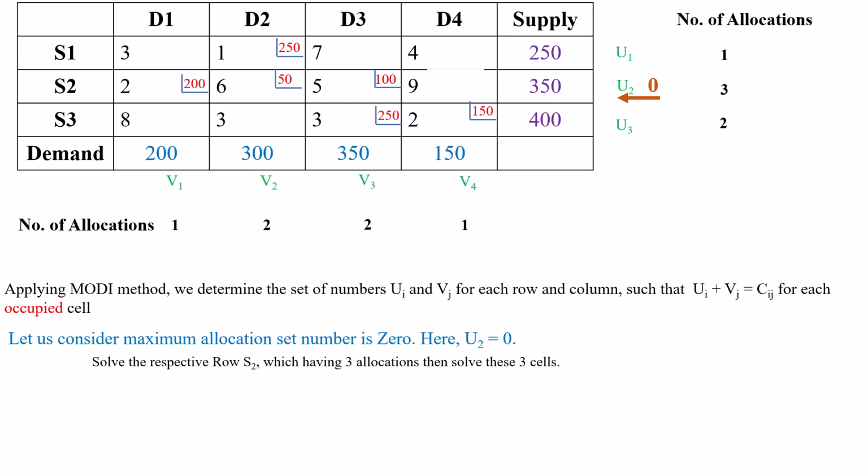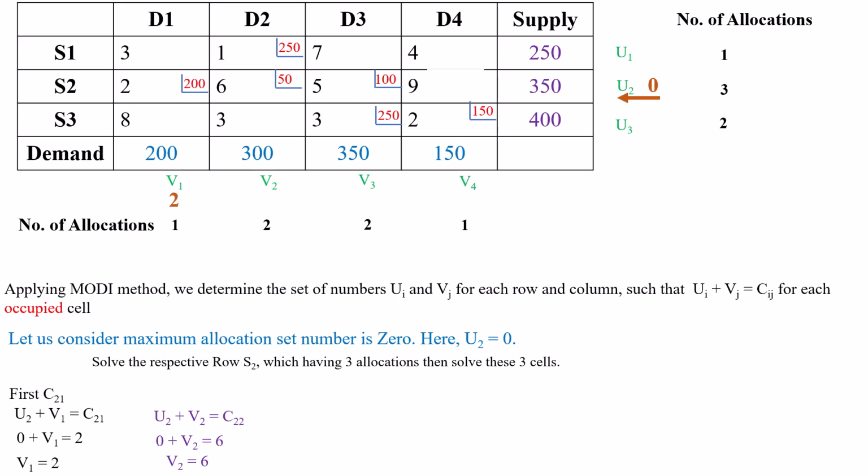Then I solve the S2 row allocated cells. First is the S2 row and D1 column, that is C21. We know the relation U2 plus V1 equal to C21. The C21 value is 2 and U2 is 0, then V1 equals 2.